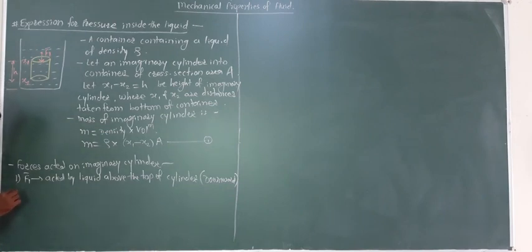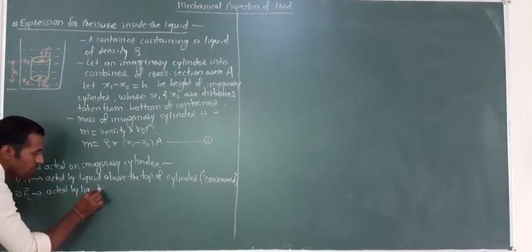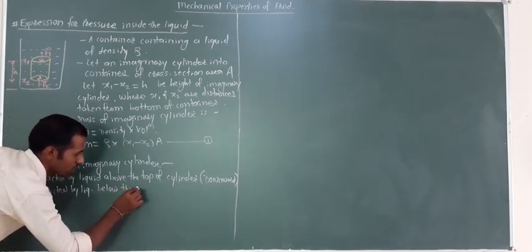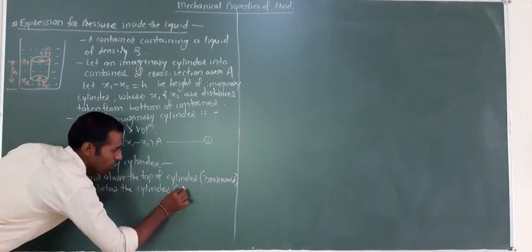Also, the second force: there is a specific amount of liquid below the imaginary cylinder, so this liquid exerts an upward force, F2. F2 is the force exerted by the liquid below the cylinder, and this force is along the upward direction.